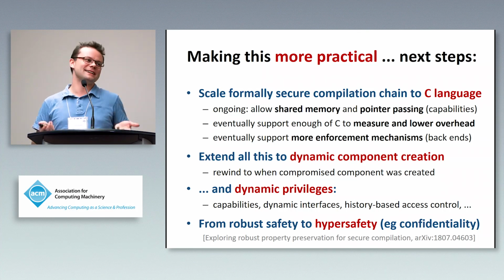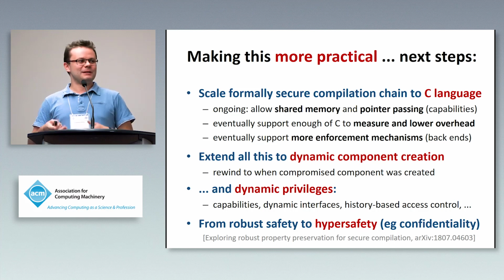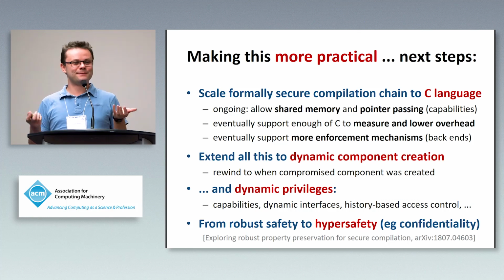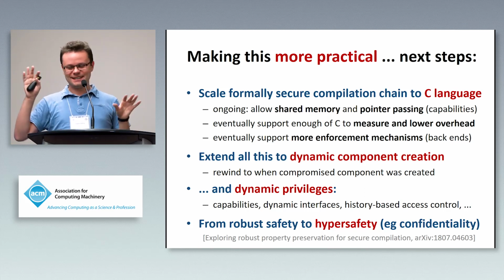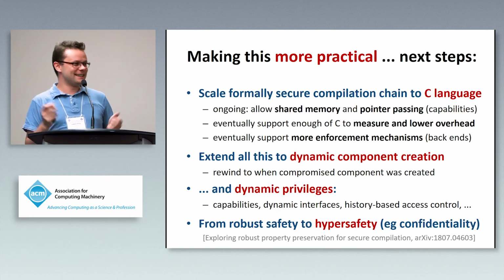But I agree, this is a toy example. Once we can scale this up to, say, more of C, we should be able to build a little web browser or web server or something that has different components, say tabs running in different components, or this kind of thing.